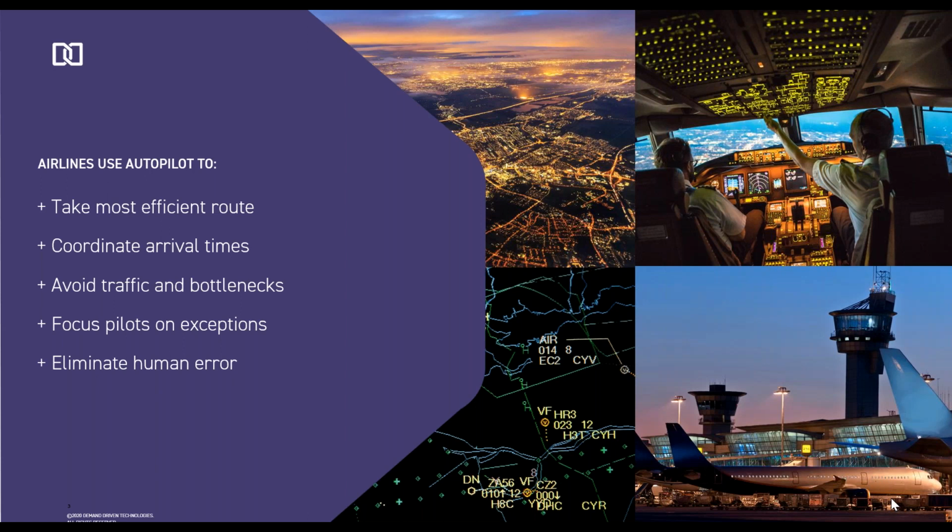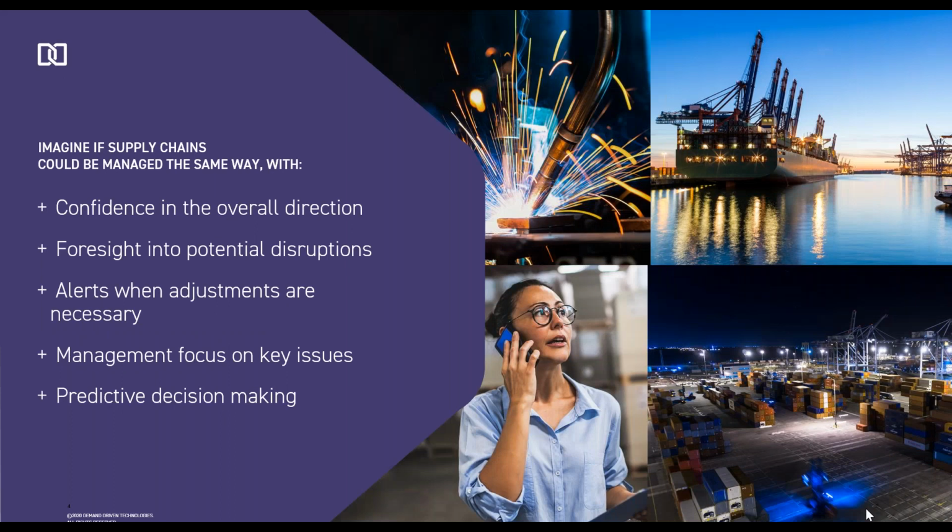And as passengers, we're trusting the pilot to get us to the end location safely. So when we think about that, why can't we take this same approach with managing supply chains? Why can't we largely manage our supply chain on autopilot, receive those alerts when adjustments need to be made? And using this demand-driven MRP methodology, we can achieve that and take that same type of autopilot approach for planning.